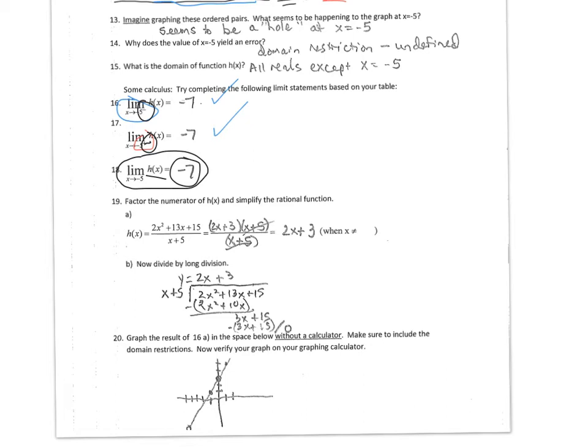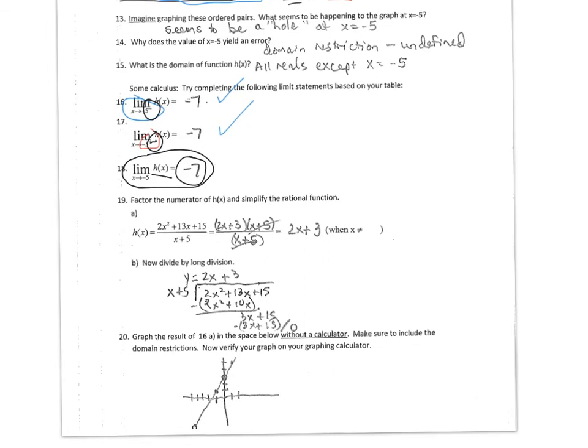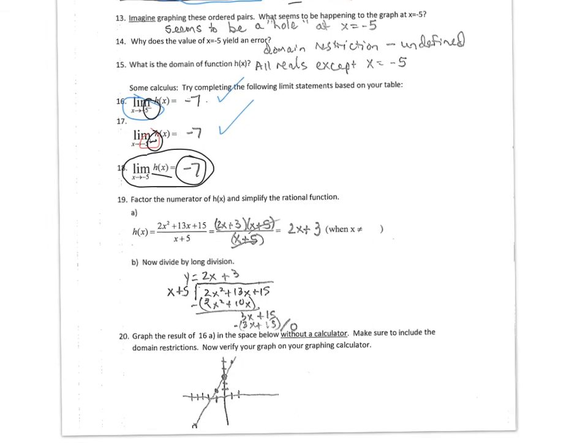Okay. So this next problem, it's actually asking you to do a little factoring and reducing, and we end up with y equals 2x plus 3 when x is not equal to negative 5 because of the domain restriction. So if you actually divide, you're going to find by long division, we get y equals 2x plus 3.